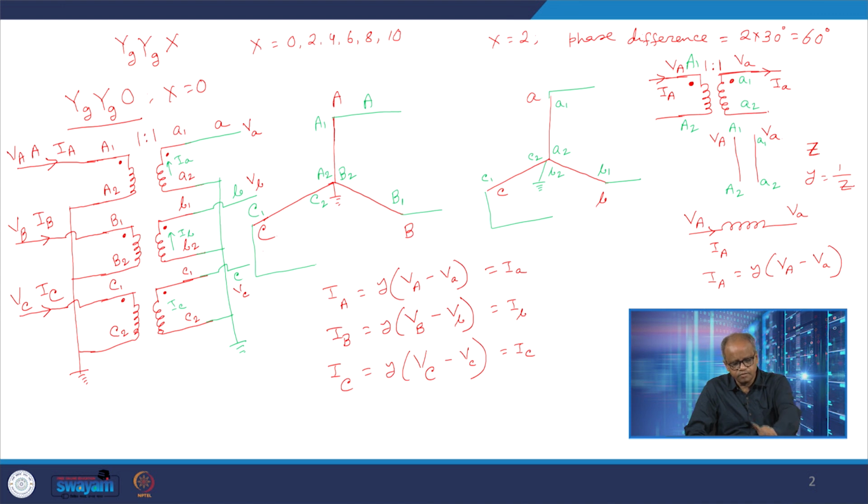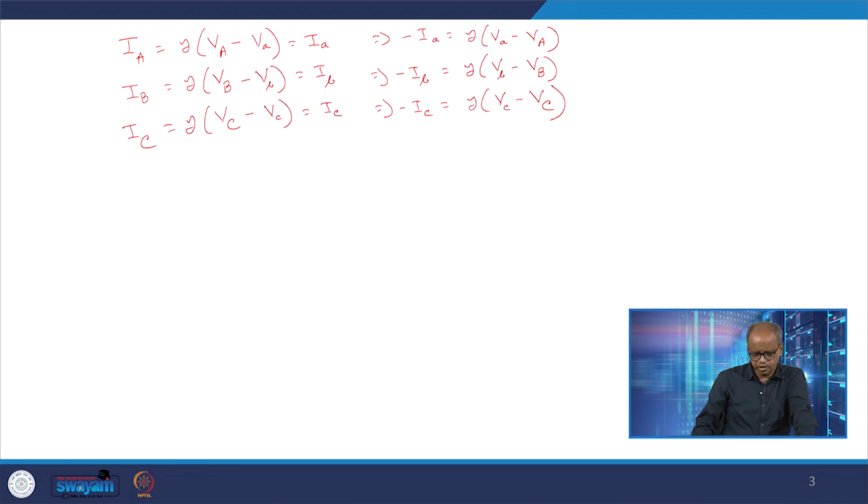So then therefore, for the sake of modeling, I have to take these currents as entering also at the secondary side. So I have to model it as an equation where, instead of taking I small a, I take minus I capital A. Similarly, for phase B, instead of taking I small b, I take minus I capital B, and for small c, instead of taking I small c, I take minus I capital C. So that is what we have to do, and so then therefore we have got all the equations. So now let us write down all the equations together in matrix form.